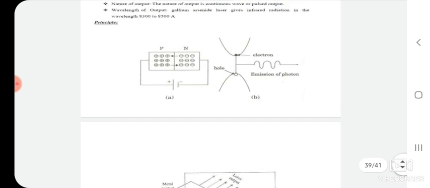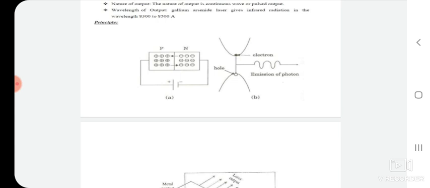Once again, when a PN junction diode is in forward bias, then electrons from the N region and the holes from the P region cross the junction and recombine with each other. During this recombination process, the light radiation is released from a certain specific band gap. This light radiation is known as recombination radiation.